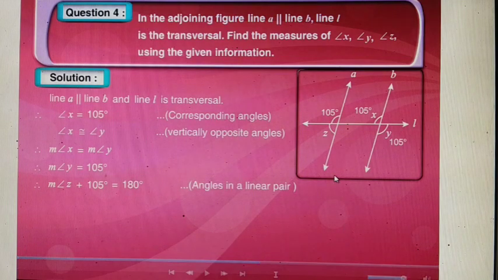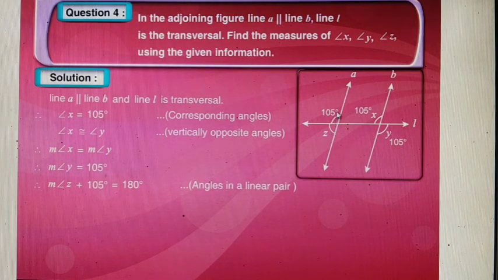Now let's see this X, Z. Can you see this angle and this angle are in a linear pair? So if I add 105 plus Z, I will get 180 degrees. Therefore, measure of angle Z plus measure of this angle, that is 105, is equal to 180 degrees.